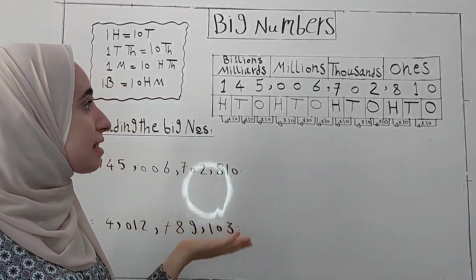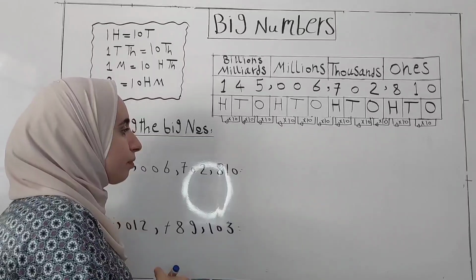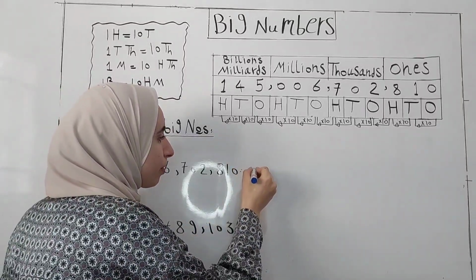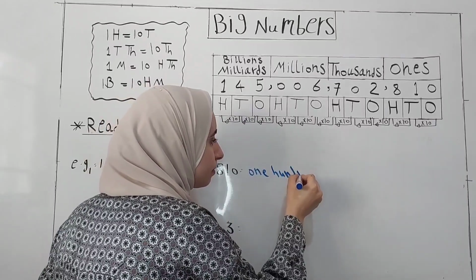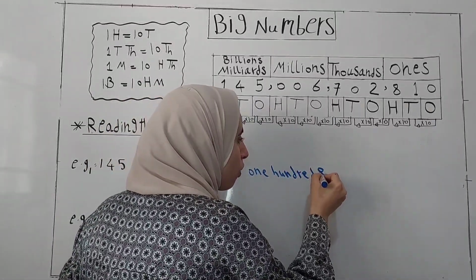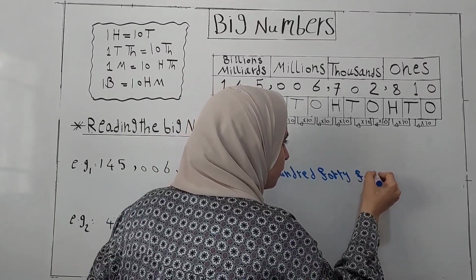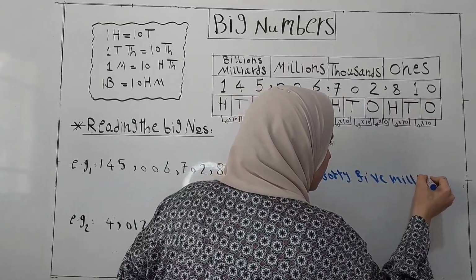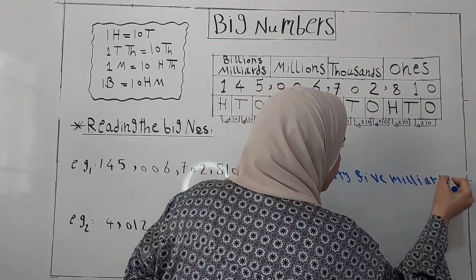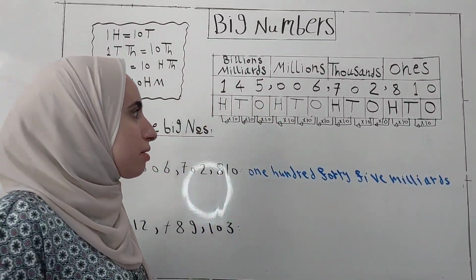So we read it like that: 145 milliard, or billions. Then we go to the third family, millions.